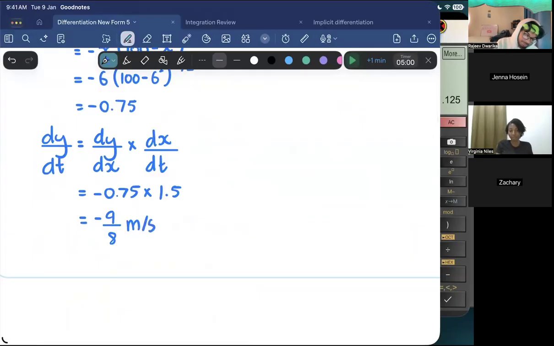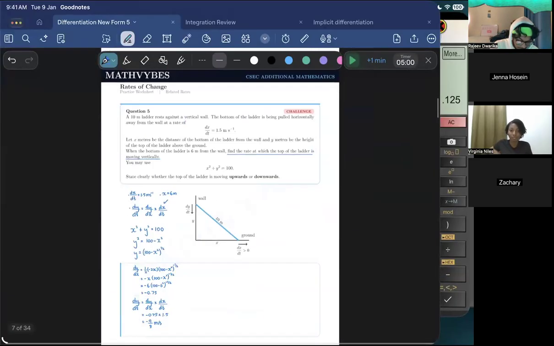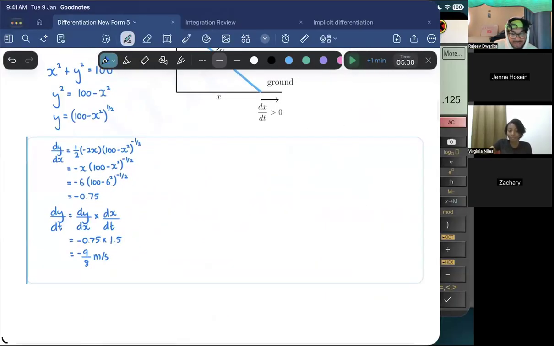So would you guys rather do implicit differentiation or just make y the subject of the formula and differentiate? I've been enjoying the implicit version. I'd rather make y the subject.